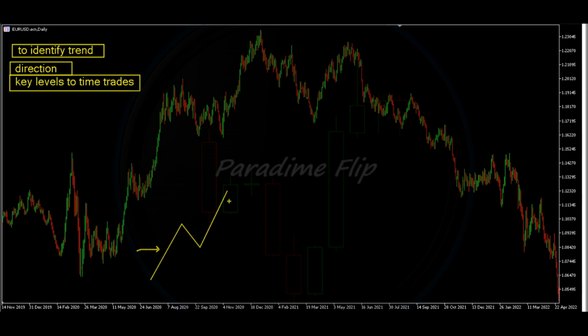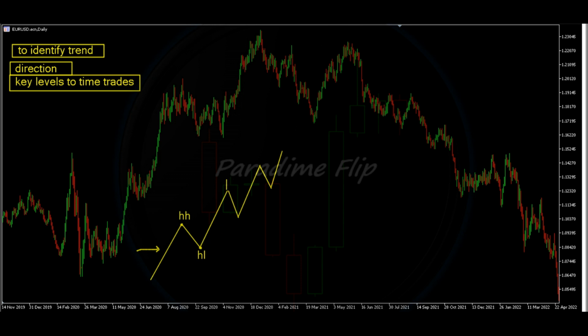And as the market is doing this, it is forming a series of higher highs and higher lows, right? So you have a higher high, right? And you have a higher low, right? And all a higher high is a high, right, that's higher than a previous high, okay? And a higher low is a low that's higher than a previous low.